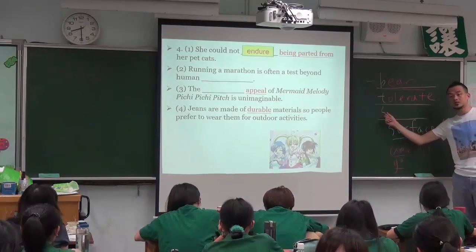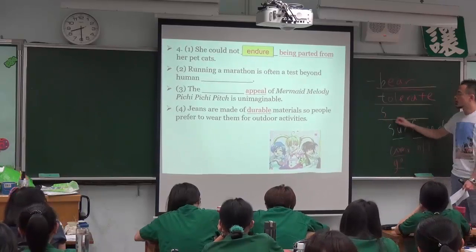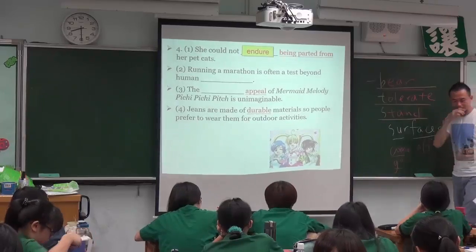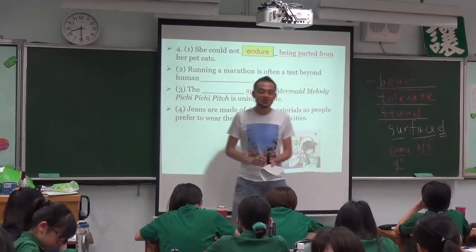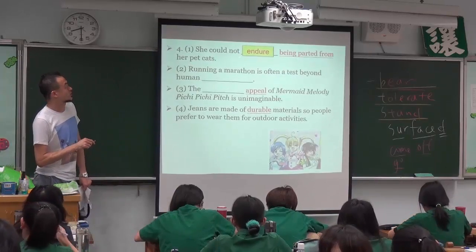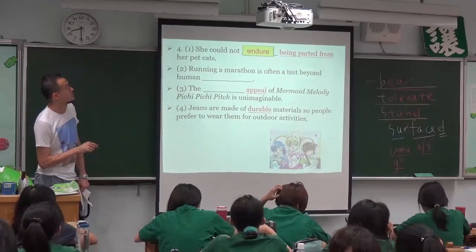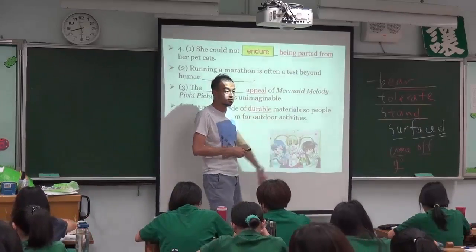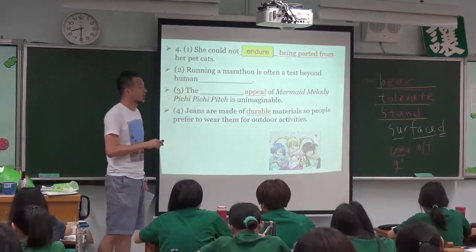What about the word that begins with stand? You might say she could not stand being parted from. She couldn't tolerate, she couldn't bear being parted from. So if we talk about putting up with something, generally there are a few words: stand, tolerate, bear, and endure.